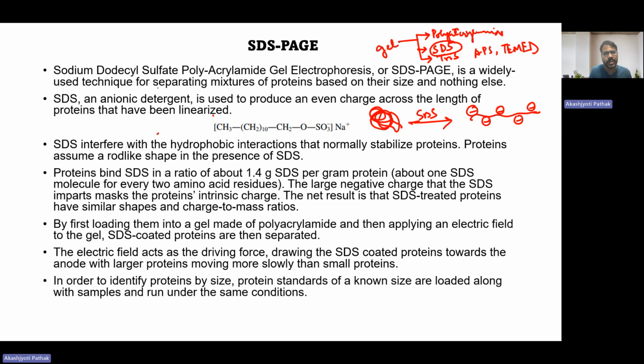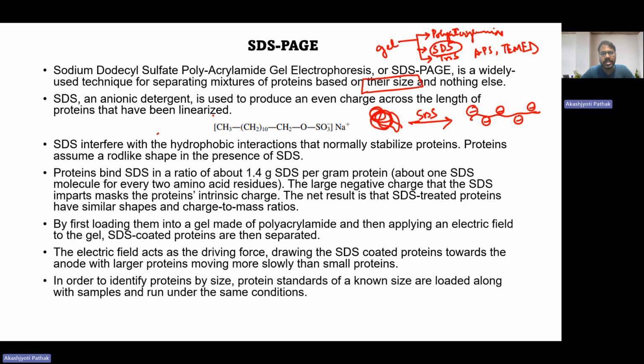SDS-PAGE, with sodium dodecyl sulfate, is a technique for separating a mixture of proteins based only on size. So why are we adding SDS? As I mentioned when discussing electrophoretic mobility, it depends on both the charge and the size of the protein.